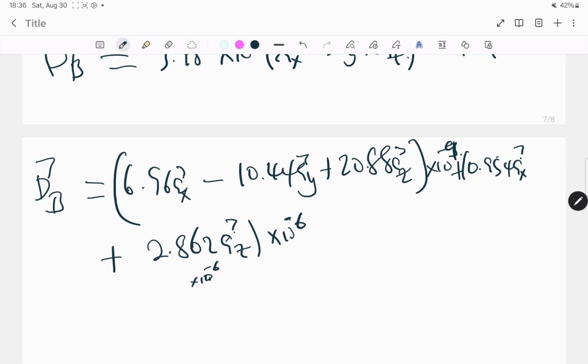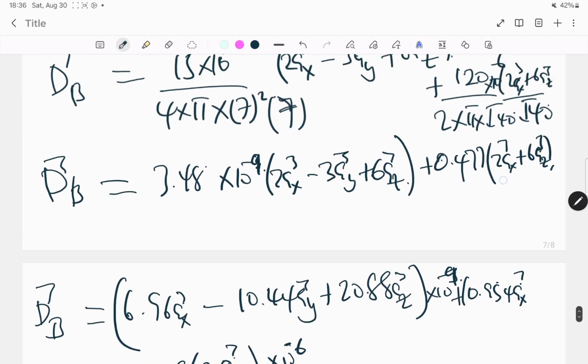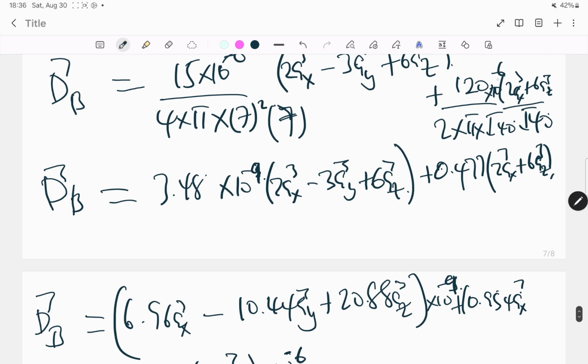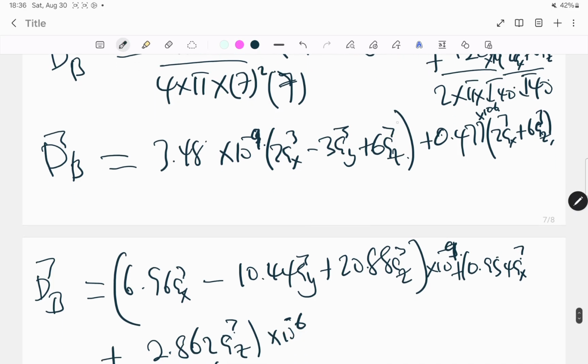So if we are doing this in nano, from here, this very part, remember here 10 raised to the power minus 6. So there has to be 10 raised to the power minus 6 here, right? So imagine all this is in nano. So for it to also be in nano here, that means I'm rather going to make this in 4.